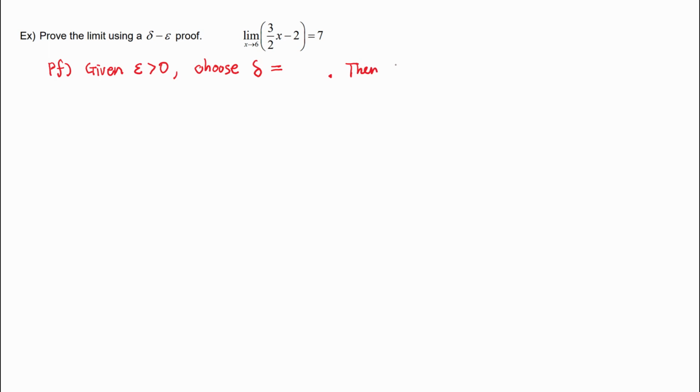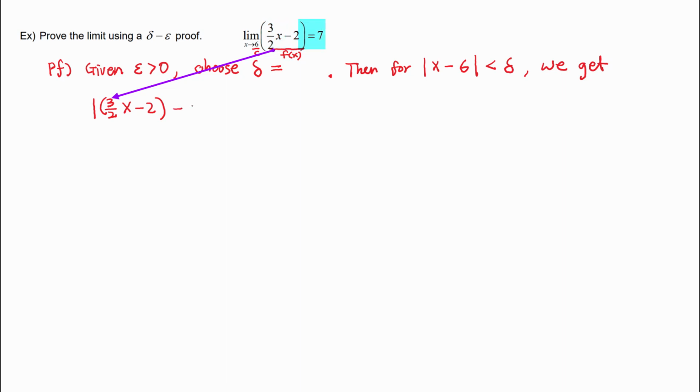Then whenever the distance of x and, what's my c? My c is 6. So x and c, 6, is less than delta, we get absolute value of f of x. And what is my f of x? It is 3 halves x minus 2 minus L, and my L is 7 here, and then you clean it up inside the absolute value.